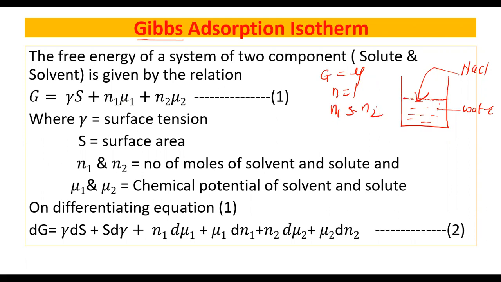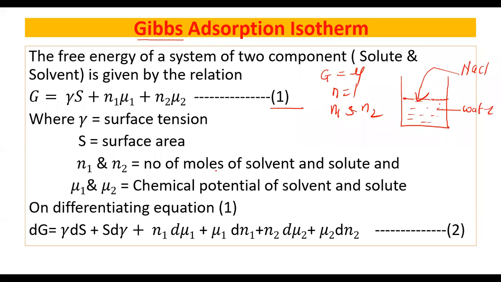Therefore, the free energy is equal to gamma into S, because due to the surface tension the free energy will change, and at the same time we have to consider the surface area also. So gamma into S plus N1 mu1 plus N2 mu2, this is our equation 1.